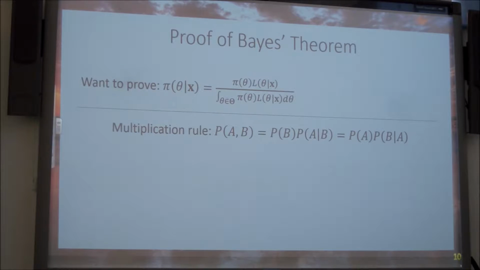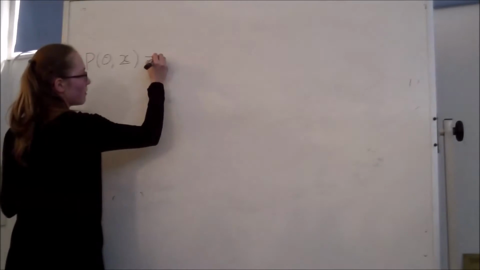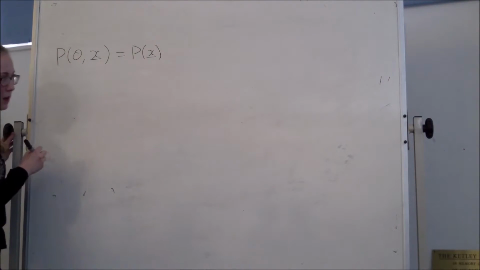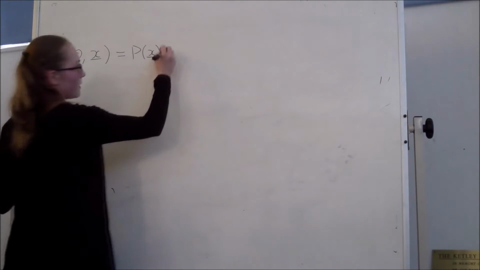So we're going to let A be theta and B be x. So we have the probability of theta and x is the probability of x times the probability of theta given x.